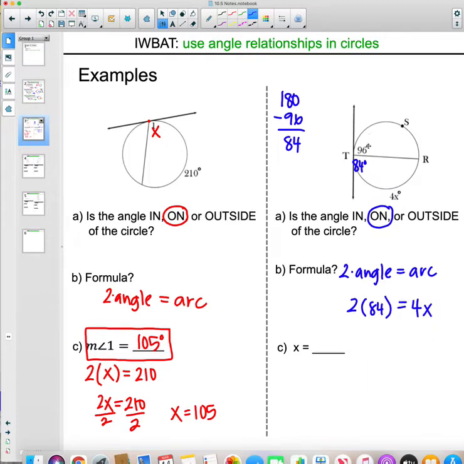Another way you could do this is by multiplying 96 by 2 to get this arc, and then recognizing that the whole circle is 360. So then you could subtract this arc once you get it from 360 and set it equal to 4x if you wanted to. All right, so 2 times 84 is 168 equals 4x.